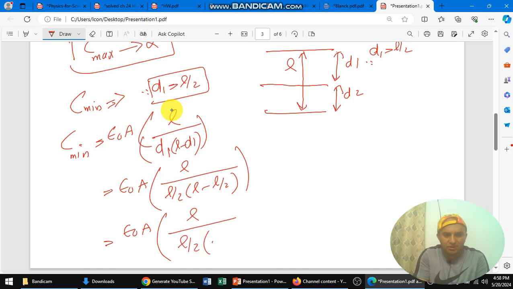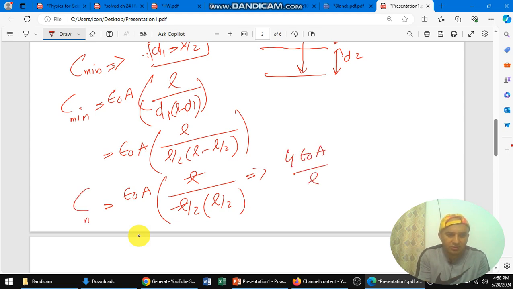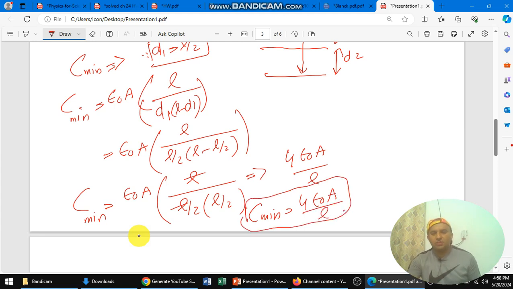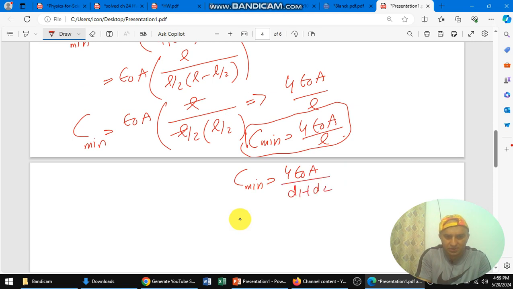The L cancels, and 2 times 2 makes 4, giving 4 epsilon naught A over L. So C minimum is equal to 4 epsilon naught A over L. We can also write C minimum as 4 epsilon naught A over D1 plus D2. So this is the minimum capacitance.